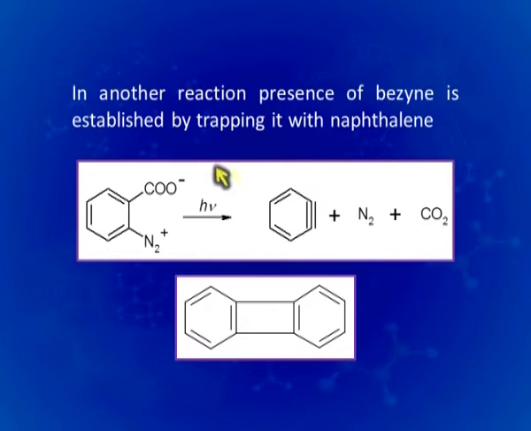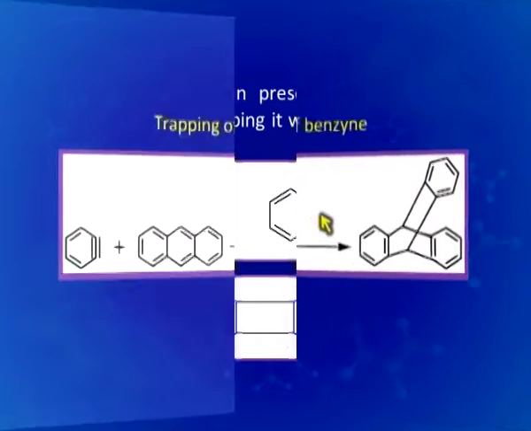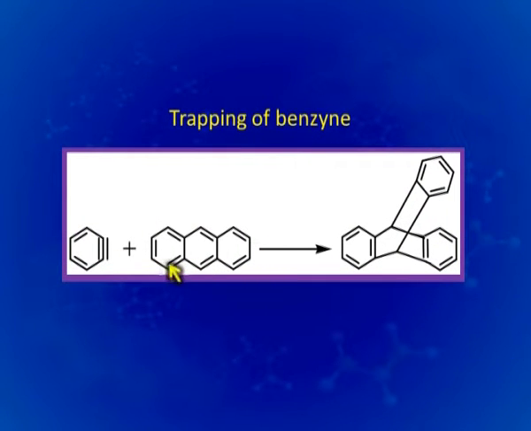If we see this reaction, the benzene formed will react with another benzene molecule to give us the product, that is, two benzene molecules will be combined by the bonds in between, but this benzene is actually trapped by the naphthalene molecule and gives us this adduct, which is again a Diels-Alder product.